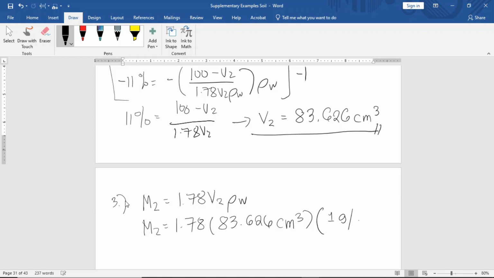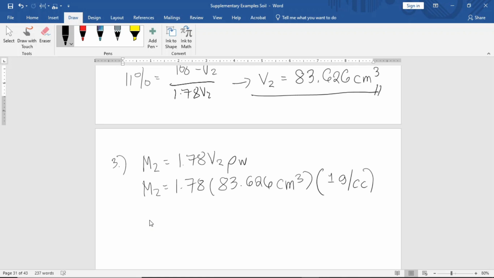So, 1 gram per cc ang unit weight of water. So, mga cancel, matitira sa atin is grams. So, M2 is 148.85 grams. So, yan yung mass of dry soil sample natin.